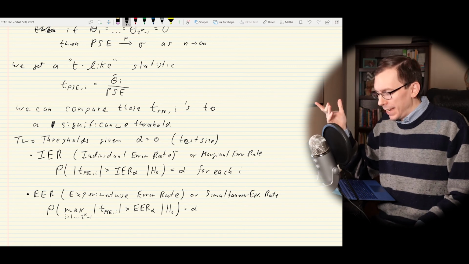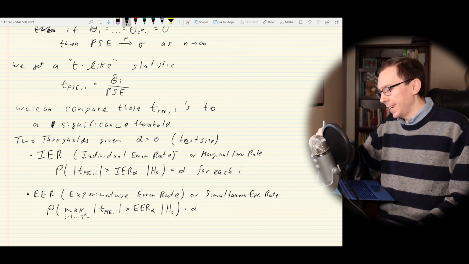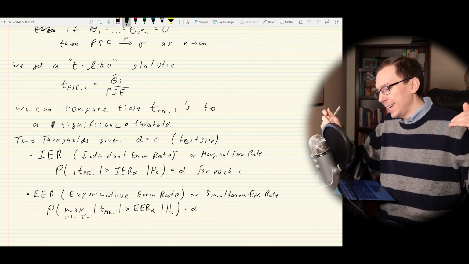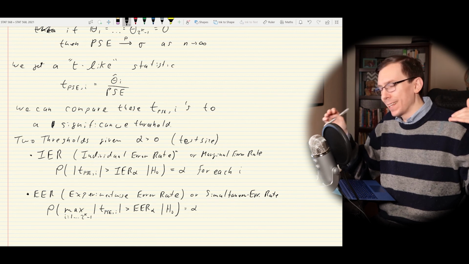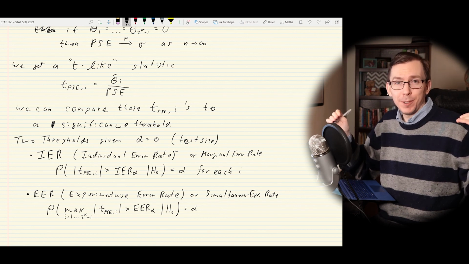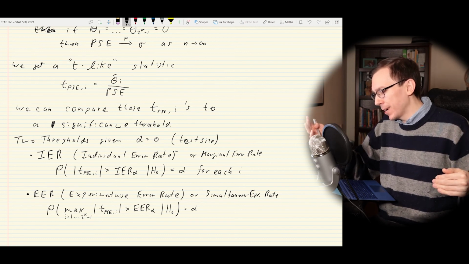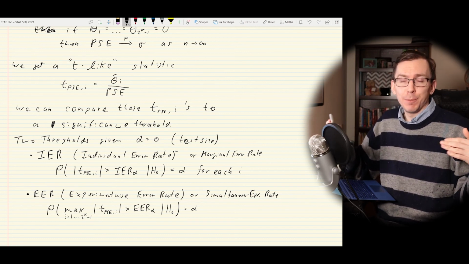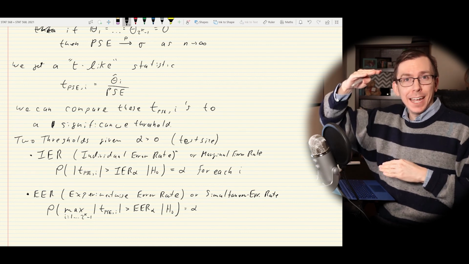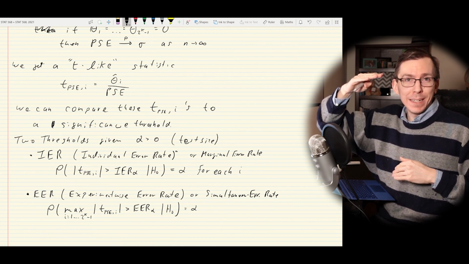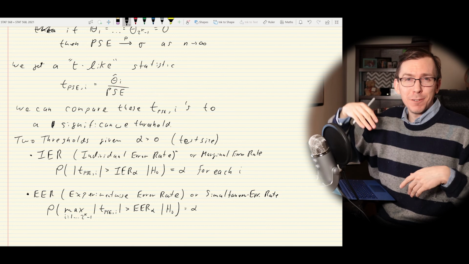So the idea here is this is really just saying the individual error rate is, run the test. It's not corrected for multiple testing. The experiment-wise or simultaneous error rate says correct this for multiple testing. Pick a larger threshold, because we want to make sure that we don't get too many false positives.